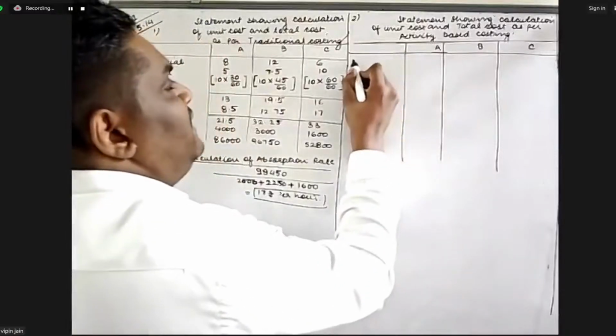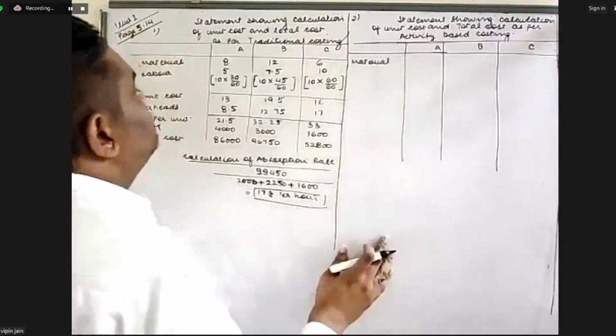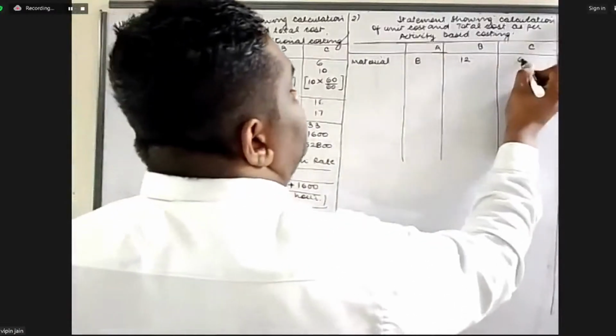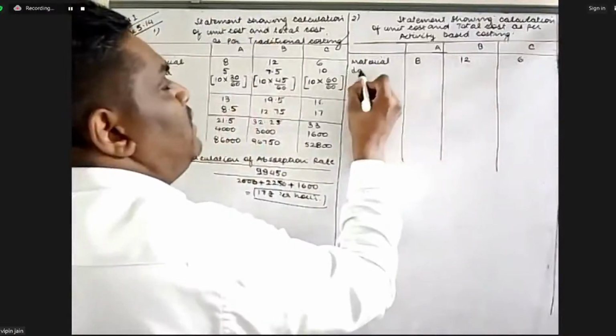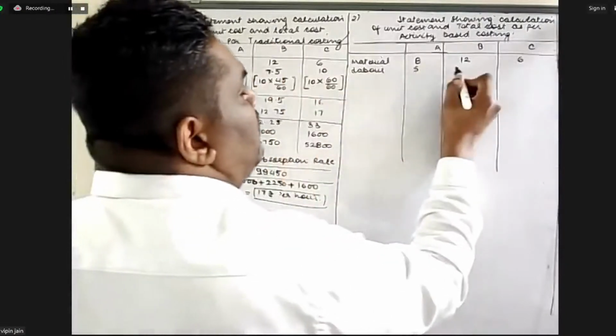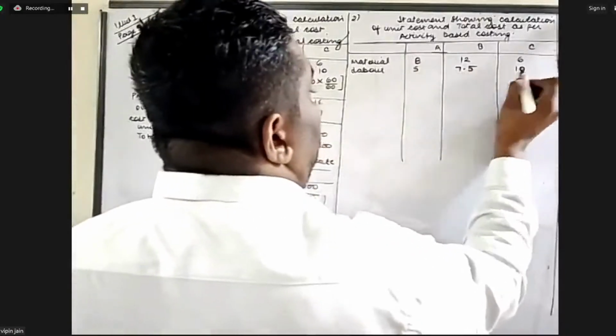When talking about the material cost, 8, 12, and 6, the labor cost is given. We have already calculated 5, 7.5, and 10.